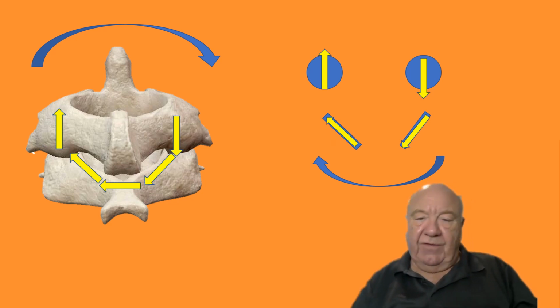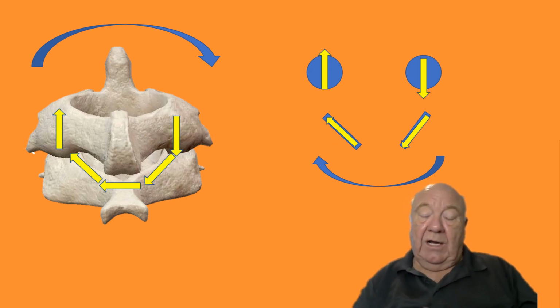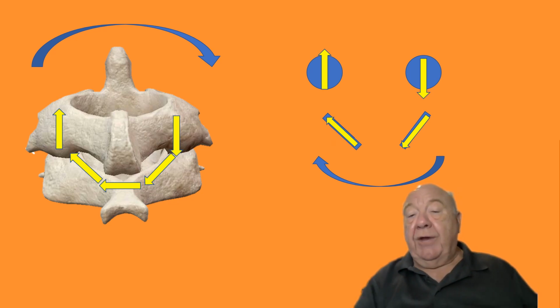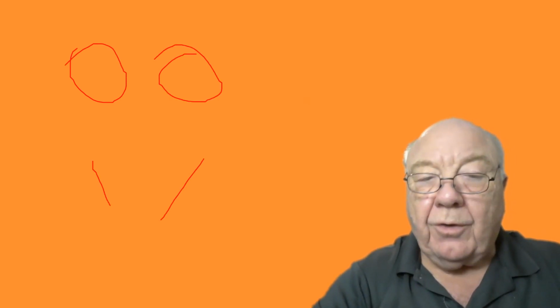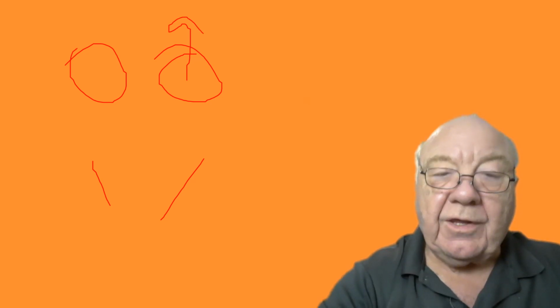If any of these joints are hypomobile, that translation will reflect that and be hypomobile, and the end feel will be off. Here are the facets somewhere. There and there. Here's the uncovertebral joint. So we flex them. The facet joints slide superiorly.